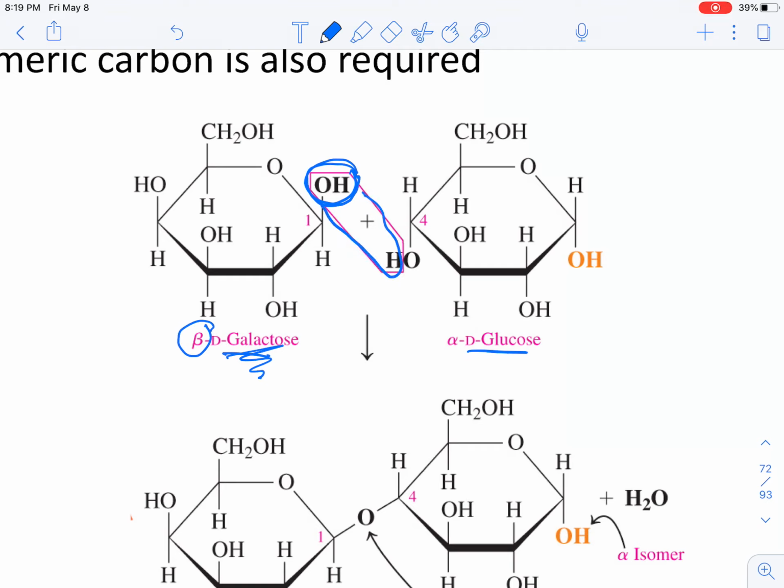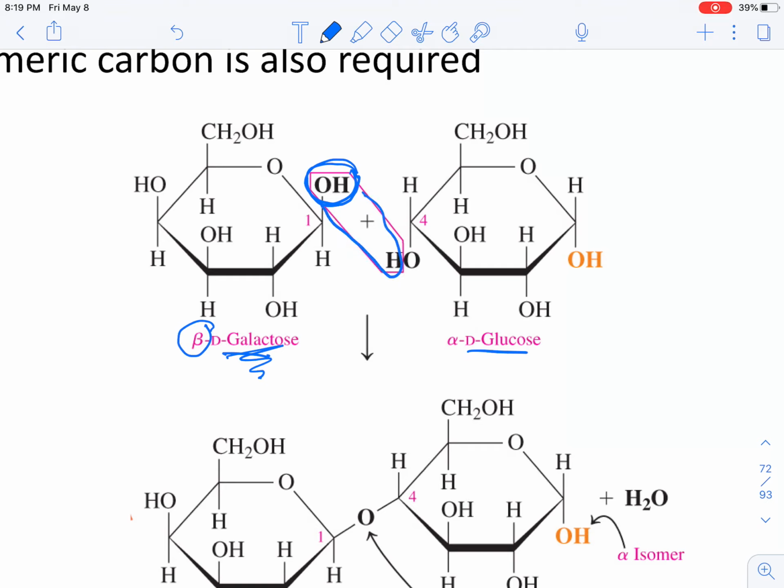And so notice that the numbering here is carbon number 4. And so unlike the previous example, the formation of the covalent bond, or the glycosidic bond, for galactose and glucose does not involve both anomeric carbons. And so there's a significance to that in terms of their chemical properties. And well, we'll talk about that when we get there.